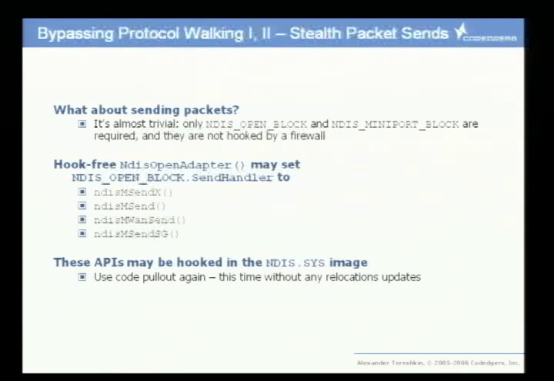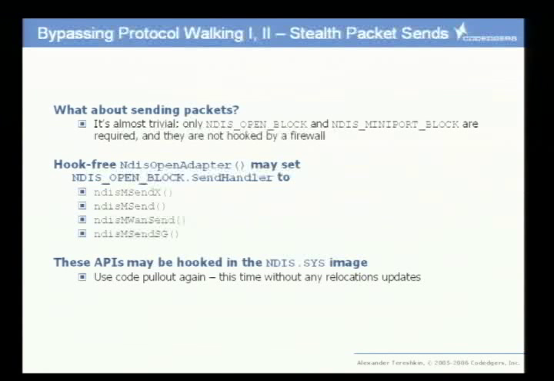Actually, the sending packet functions are defined in these structures with similar names, like NDIS M send X and other ones. I show it. And these pointers we get from the send handler pointer.